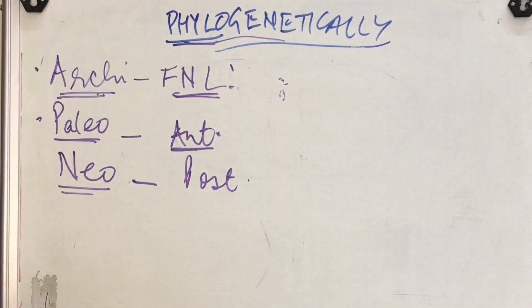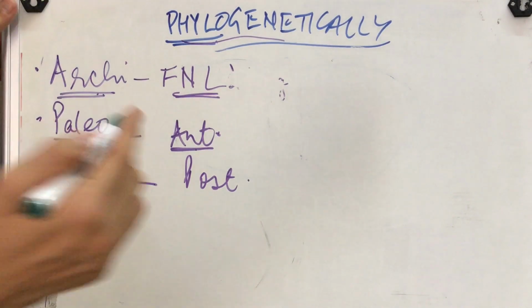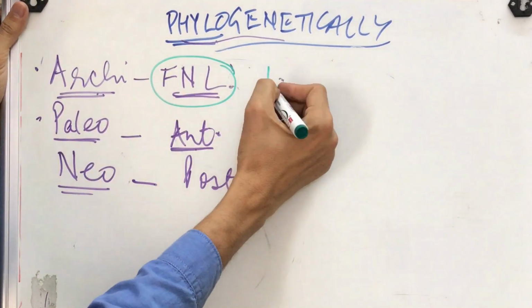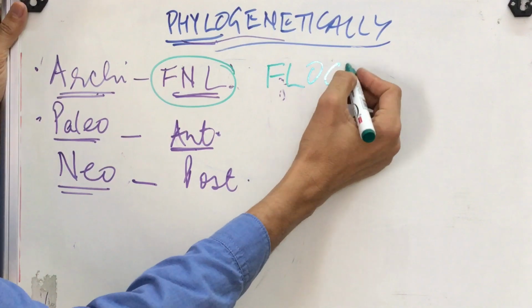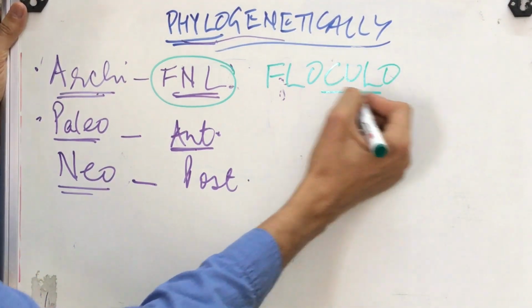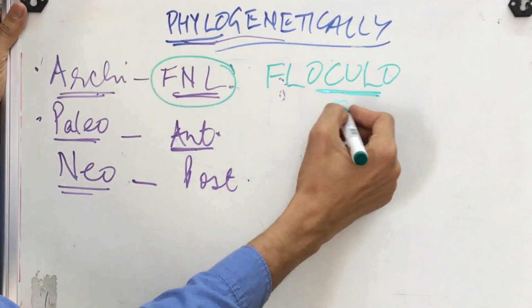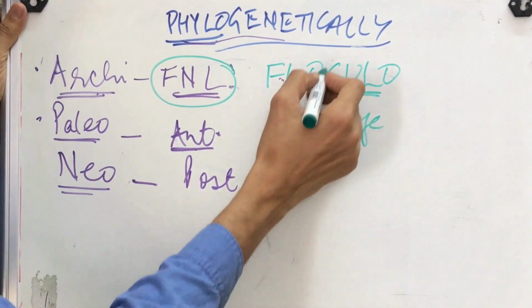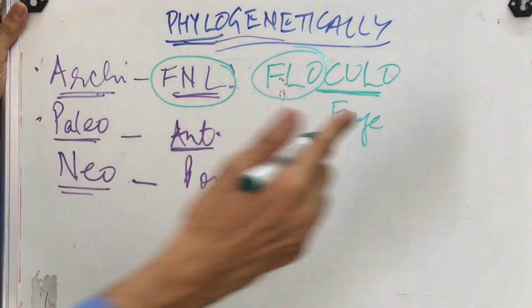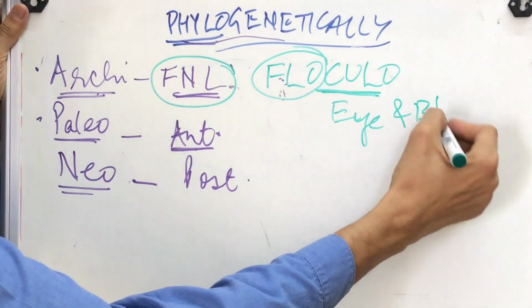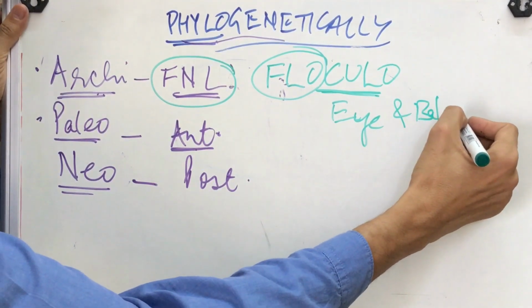Now there is one more classification, and that is the functional classification. Functional means which part of the cerebellar hemisphere is concerned with which function. So for the flocculonodular lobe, if we look at the name, oculo is concerned with the eye, and flow, go with the flow, that is balance.